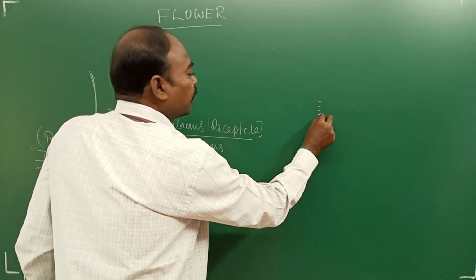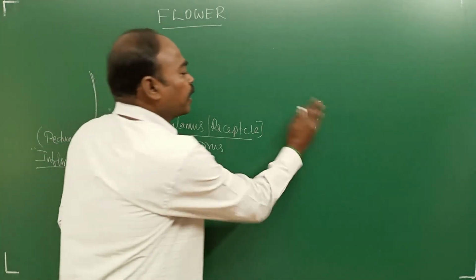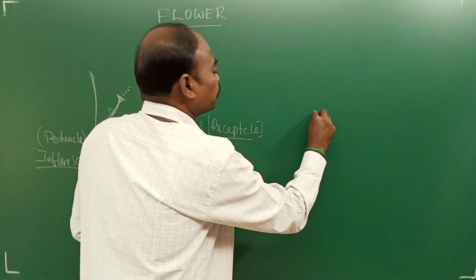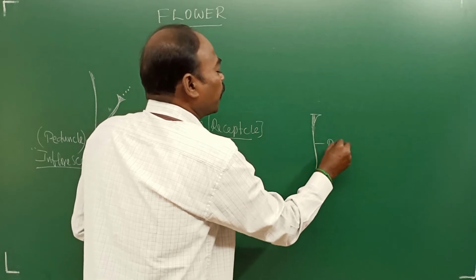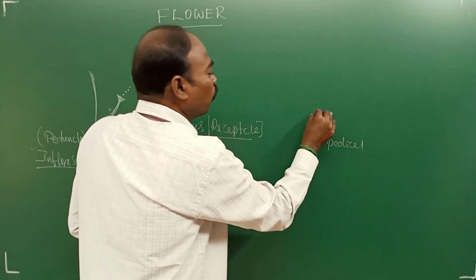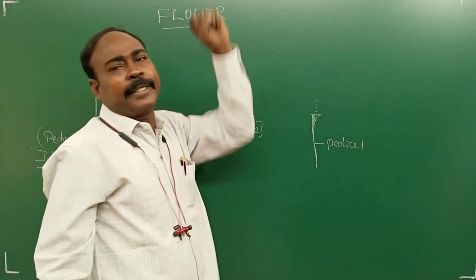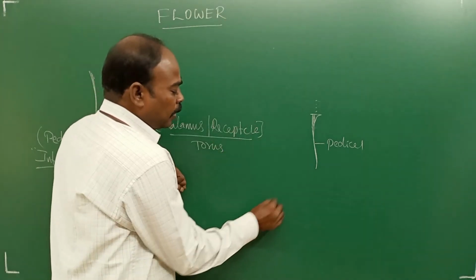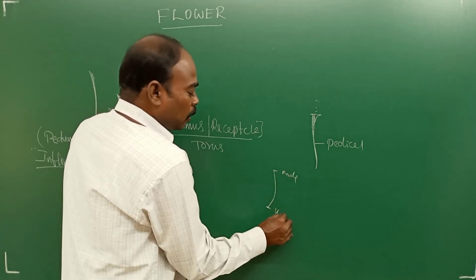Likewise, on the condensed tip of the pedicel, 4 nodes were developed with short internodes. One node, another node.